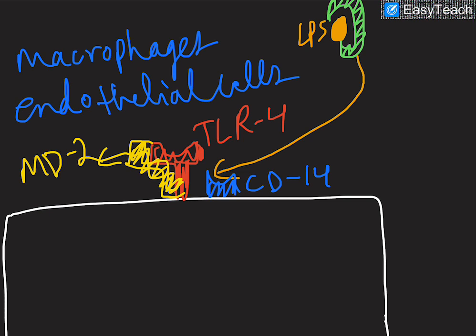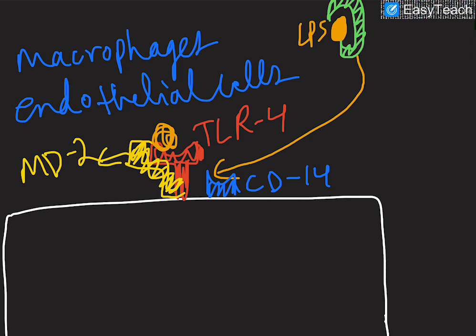What CD14 is going to do is receive the lipopolysaccharides from the lipopolysaccharide binding proteins and transfer them over to the MD2 and toll-like receptor 4 complex. So now we have our lipopolysaccharide right here. The MD2 is important because it's going to stabilize the binding between toll-like receptor 4 and the lipopolysaccharide.